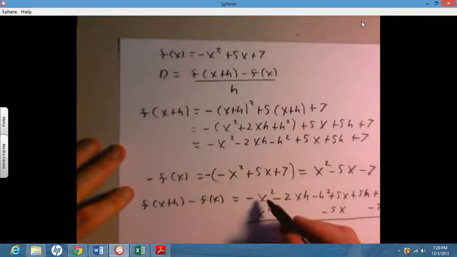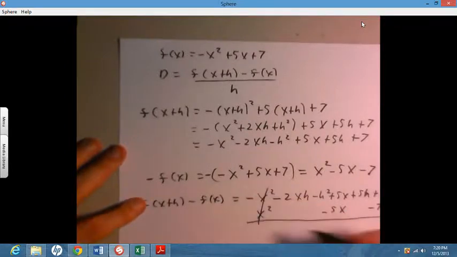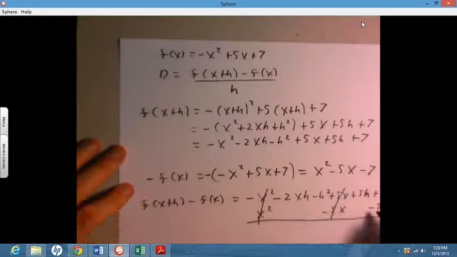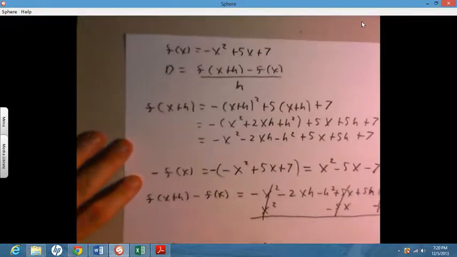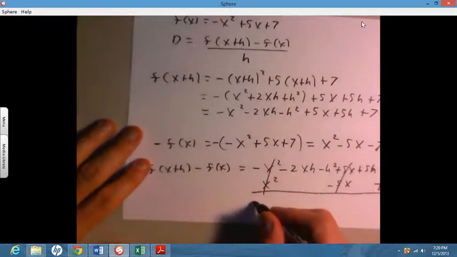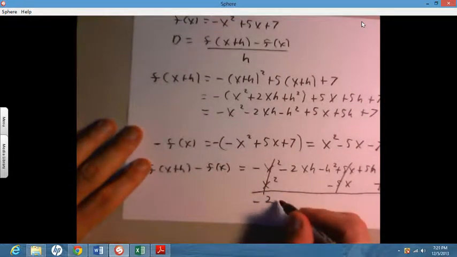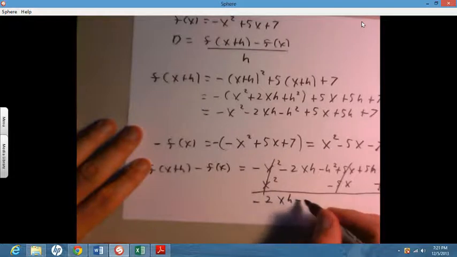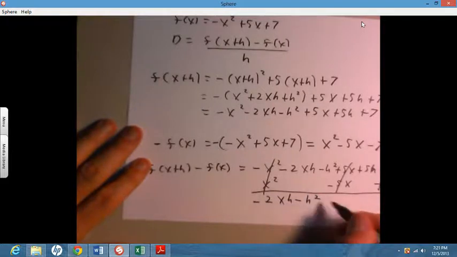And these guys cancel out to give me 0. These guys cancel out. And these guys cancel out. And I wind up with negative 2xh minus h squared plus 5h.